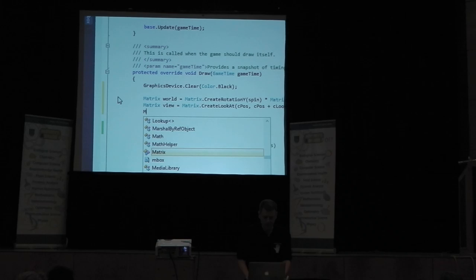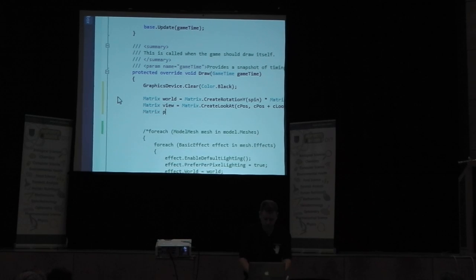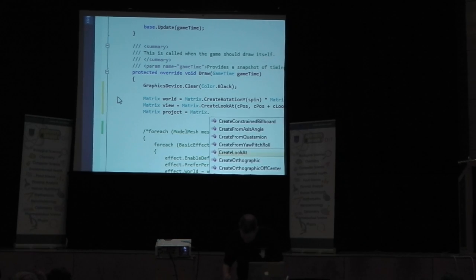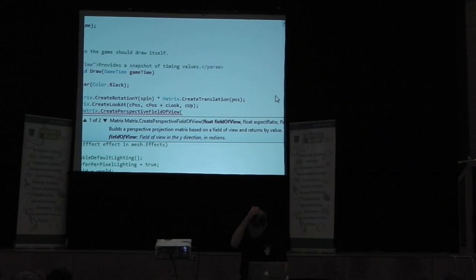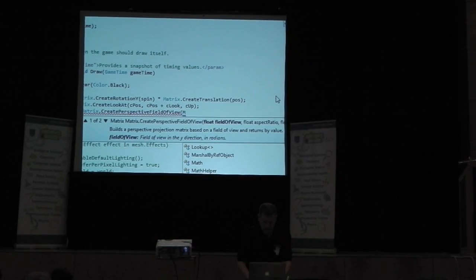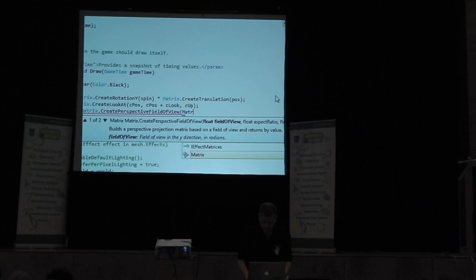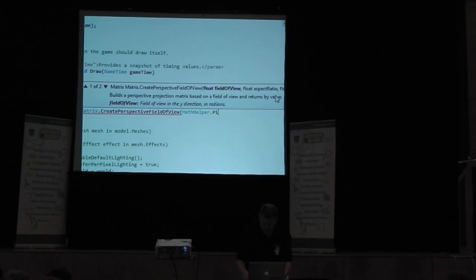Now the third matrix you have to create is called the projection matrix. Don't worry if you don't understand all of this stuff. I just want to give you a flavour of what programming is about. Create perspective from field of view. In this, you specify the field of view that you want: MathHelper dot pi over 4.